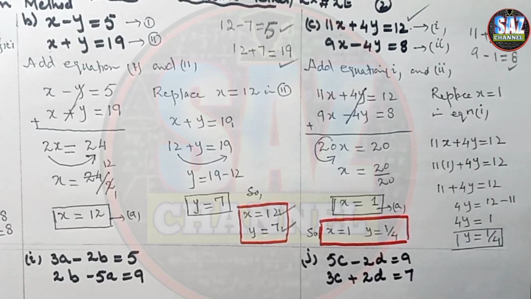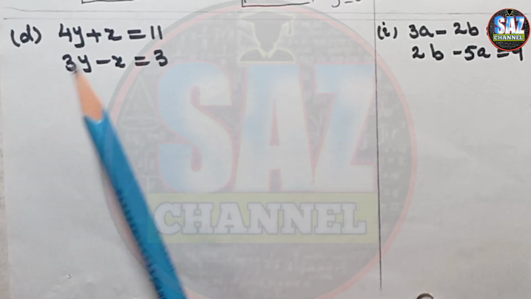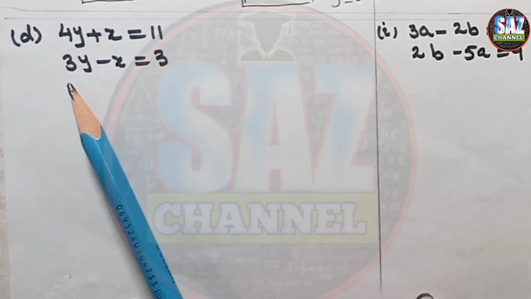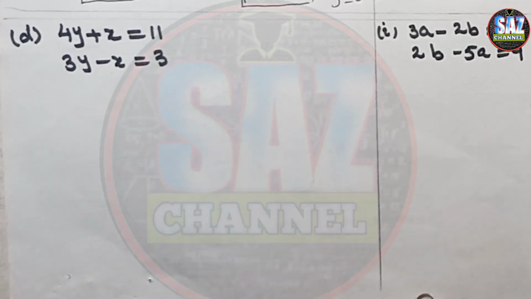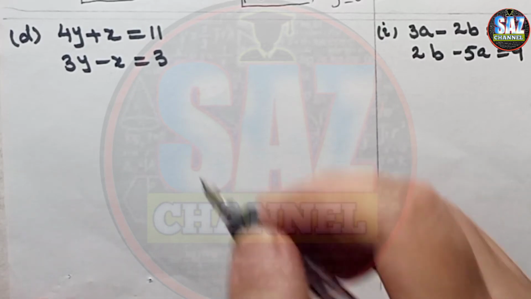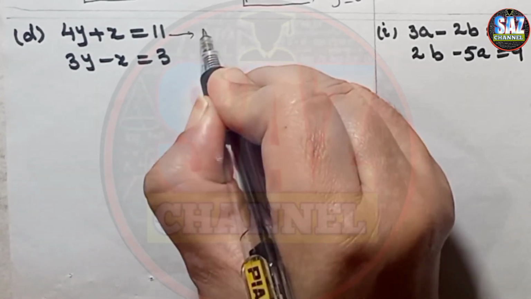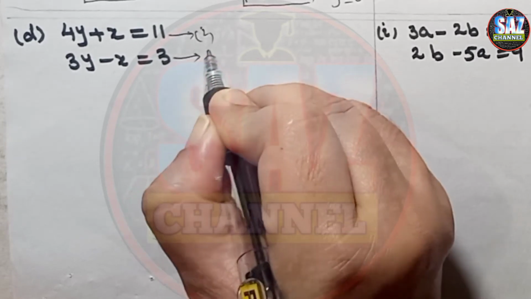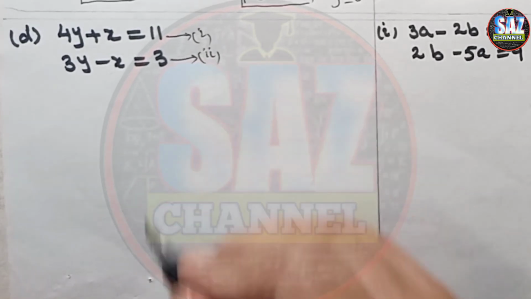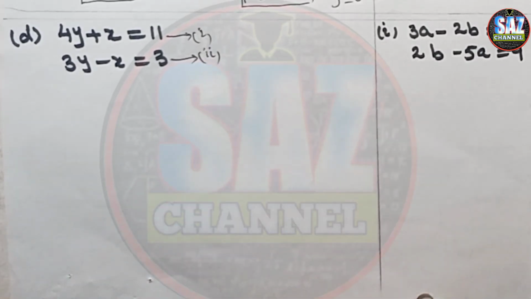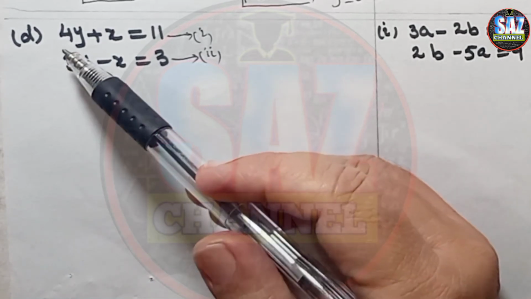Let's move to part D of the question, that is 4y plus x equals 11 and 3y minus x equals 3. First of all, it's important to mark the equations. Let this be equation 1 and this be equation 2. Now we have to observe the coefficients of the variables in the given question.